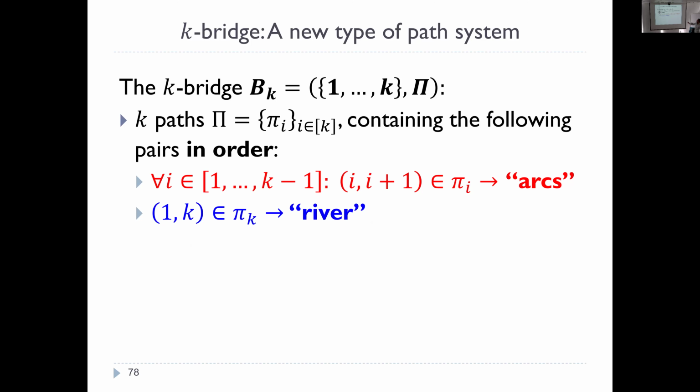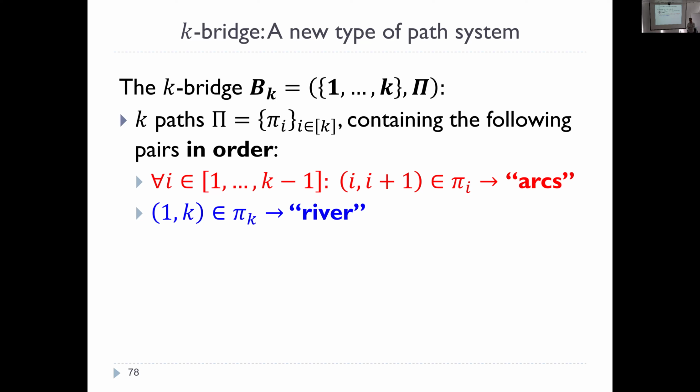And so what is a K-bridge? It's a sequence of K nodes and K paths that contain certain pairs in order. You have one unique pair, which is 1 and K. We call it the river. And then you also have K-1 paths containing pairs of nodes in a sequential manner, right?